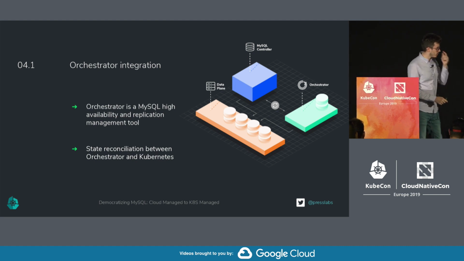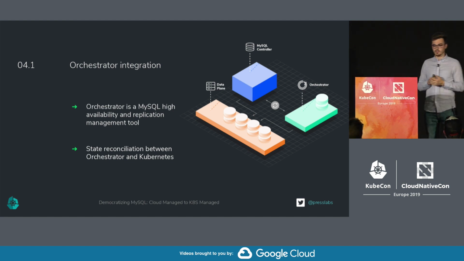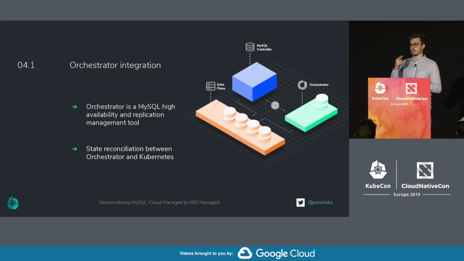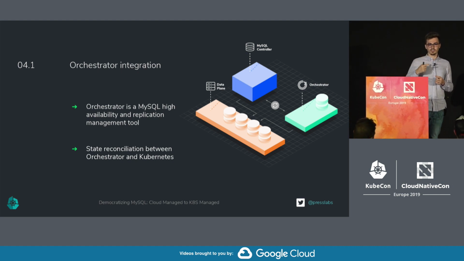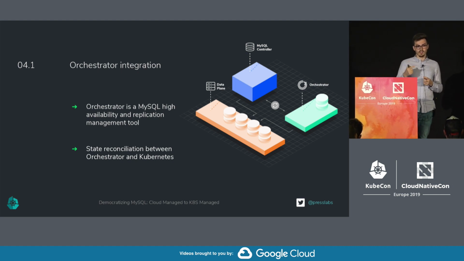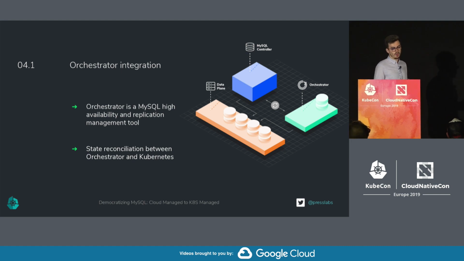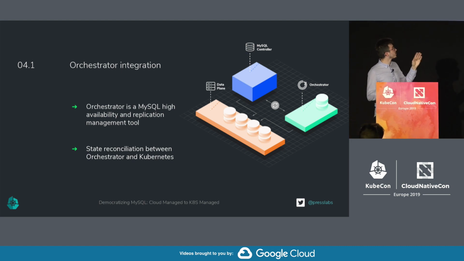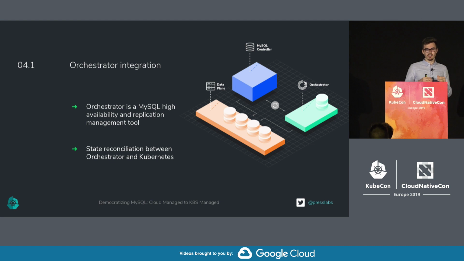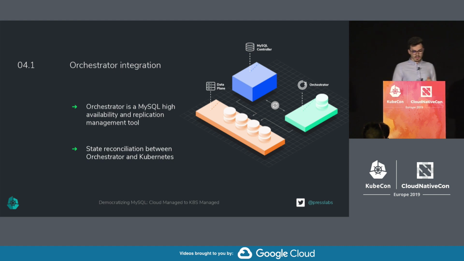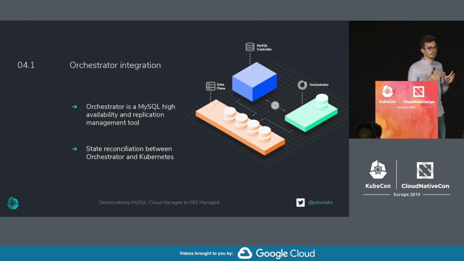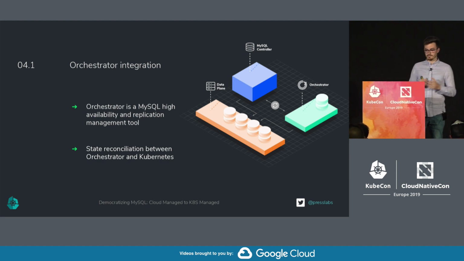To fix this, we chose to implement a reconciliation loop between orchestrator and Kubernetes, which every few seconds reconciles the state between them. So on one hand, orchestrator is responsible for updating replication topology in emergency situations, in case of downtime, and for observing the current status of the cluster.